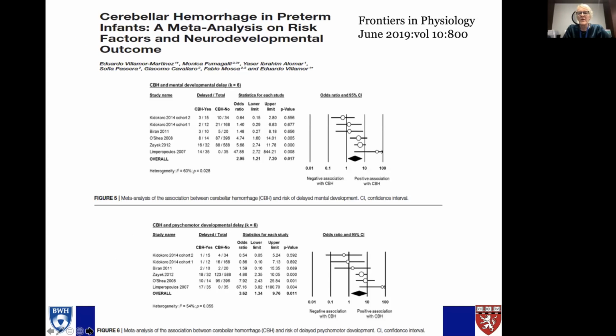And this is the meta-analysis that was recently published that looks at the relationship between cerebellar hemorrhage and outcomes. You can see for both cognitive and motor abnormalities there is about a 3 to 4-fold increased risk. But the vast majority of this is driven by the large hemorrhages. The smaller punctate hemorrhages to date do not appear to have these correlates, although we continue to follow the children.